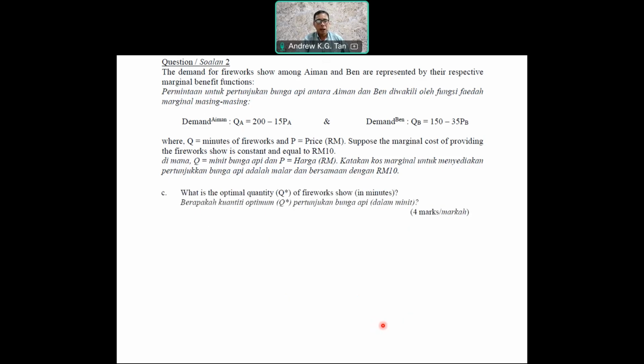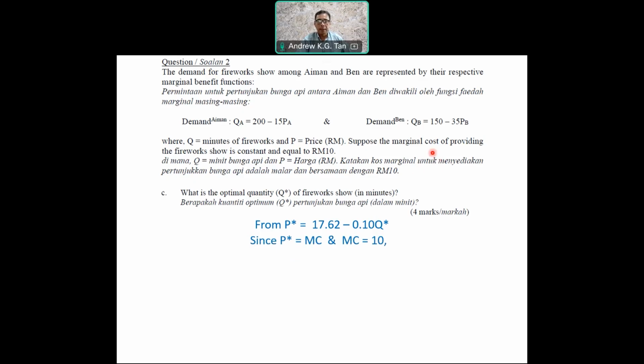Part C, what is the optimum quantity Q star of fireworks show in minutes? From part B, we found P star is equal to 17.62 minus 0.10 Q star. That would be the aggregate demand. Then you equate P star is equals to MC.